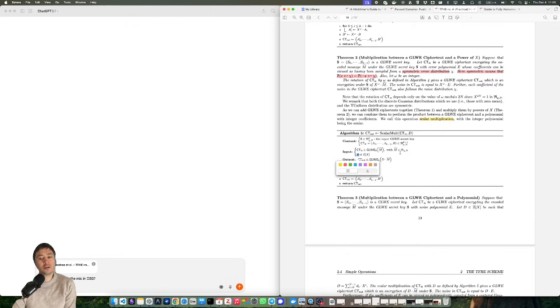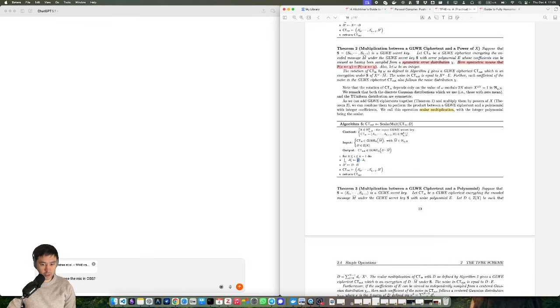Wouldn't you want to scale it? The message is in the polynomial quotient ring, right? A vector of entries in the polynomial quotient ring. So why is this in just the normal polynomial ring? That's kind of weird.